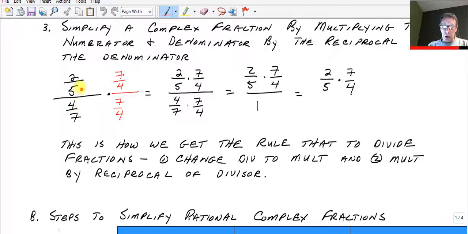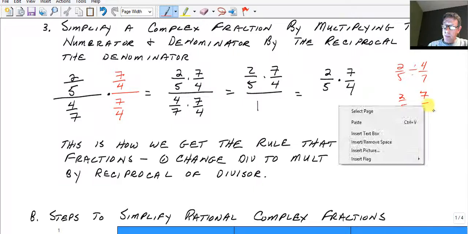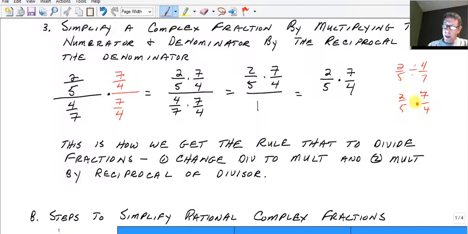Given that middle school rule, you would change it to multiplication and take the reciprocal of the second number. That's what I have here, so that's how I got that rule.